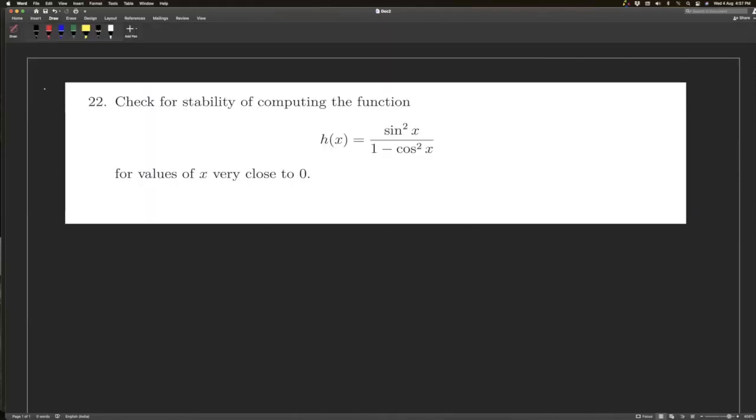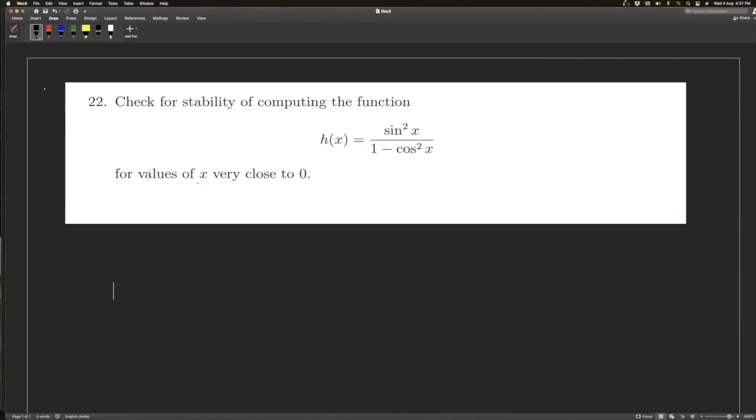Finally, let us do this interesting problem. Check the stability of computing the function h of x equal to sine square x divided by 1 minus cos square x for values of x very close to 0. You can see that 1 minus cos square x is sine square x. Therefore, h of x should be equal to 1, whatever may be the value of x.